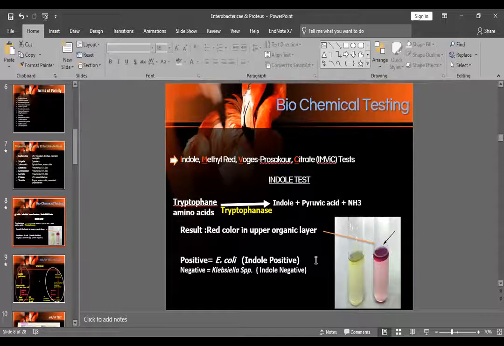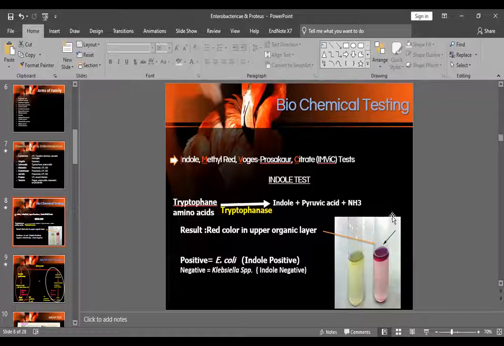Okay, so if we talk about indole, what is indole? Indole is a test to check the production of tryptophanase by the organism. If bacteria produce tryptophanase, then they can ferment the amino acid tryptophan.